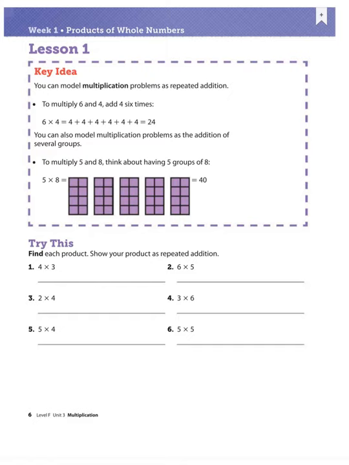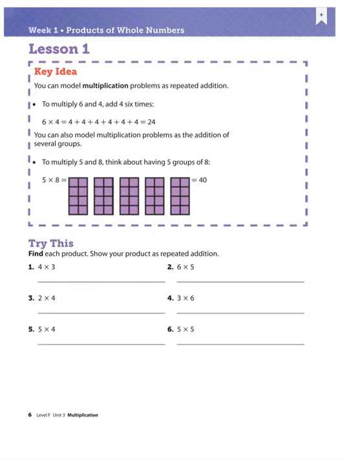So to multiply 6 and 4, add 6 4 times. So 6 times 4 would be 4 plus 4 plus 4 plus 4 plus 4 plus 4, and that equals 24. You can also model multiplication problems as the addition of several groups.